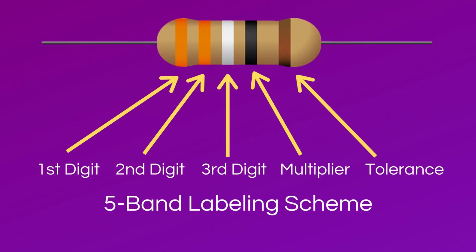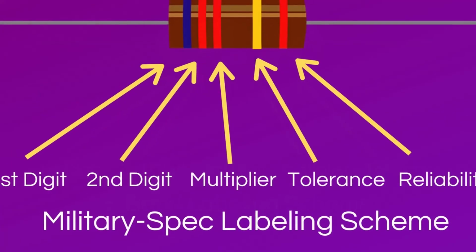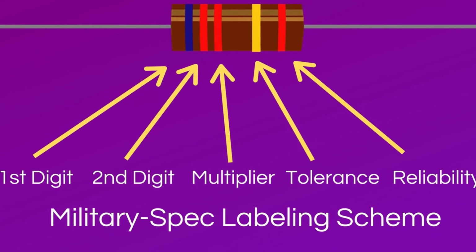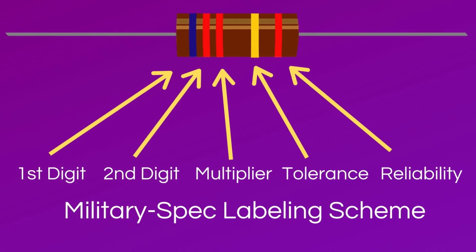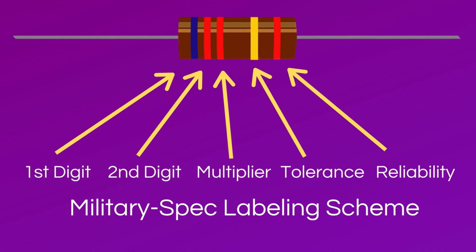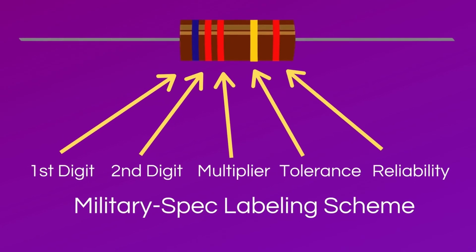Now onto the 5-band labeling scheme for a resistor. It's very similar to the 4-band labeling scheme, except for the fact that it has an additional band representing a third digit. The military spec resistor labeling scheme is identical to the 4-band labeling scheme, except that it has a 5th band that identifies the reliability level.